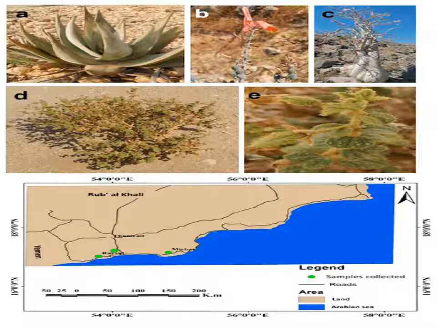These green circles are the places from where the samples are collected. And the black lines are for roads. And I have two colors: the brown one for land and the blue one for the sea. This is an example of a map.